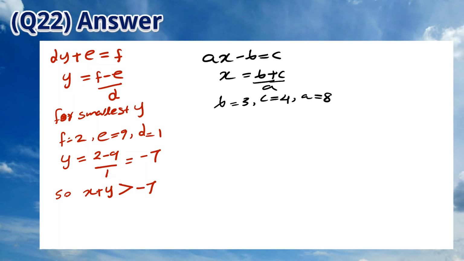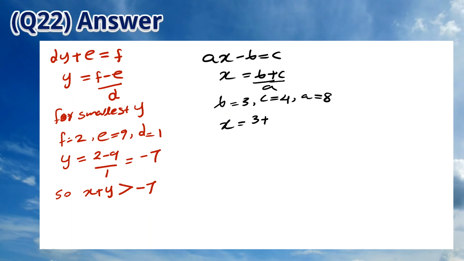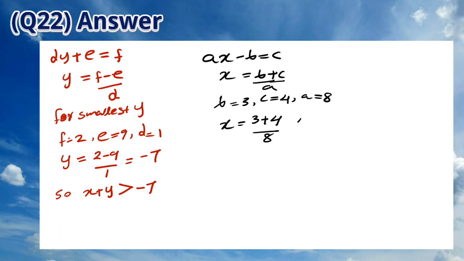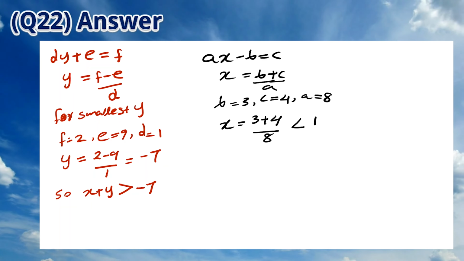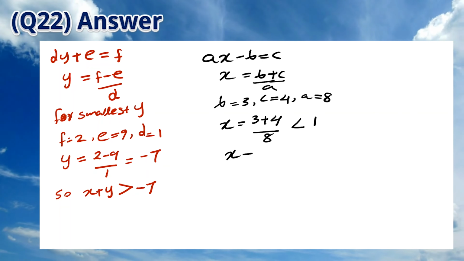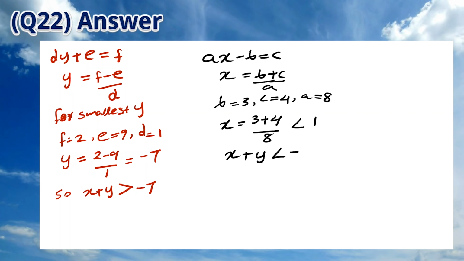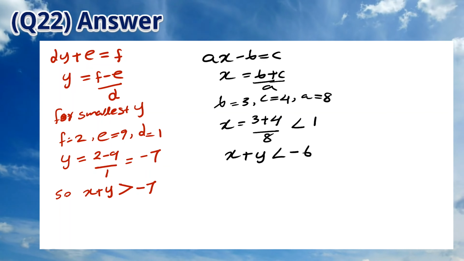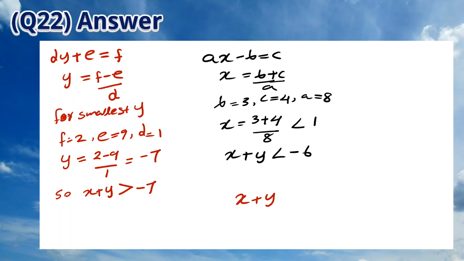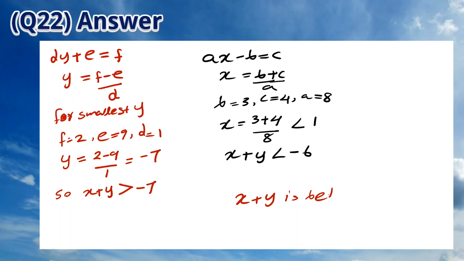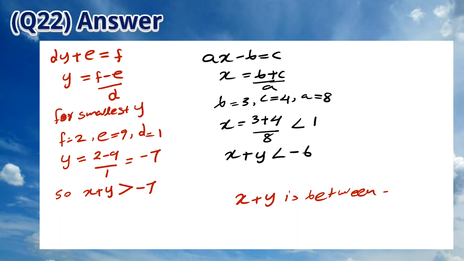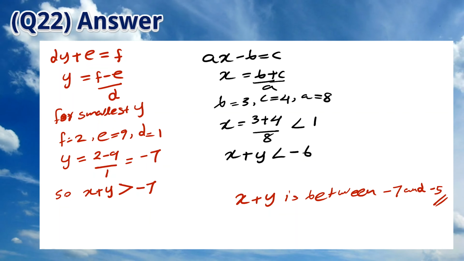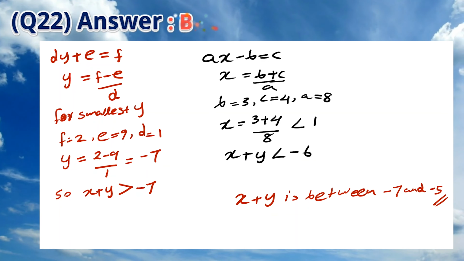So x is equal to 3 plus 4 over 8, which is smaller than 1. So x plus y is less than negative 6. Whether or not this is the smallest possible value of x plus y, we know that this smallest value must be between negative 7 and negative 5. This means that the answer is B.